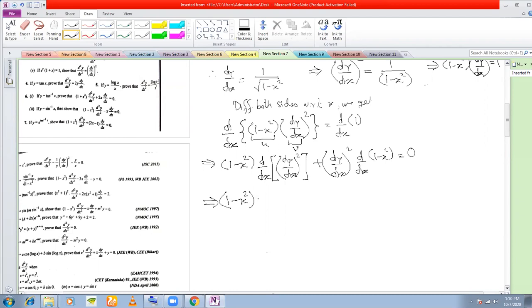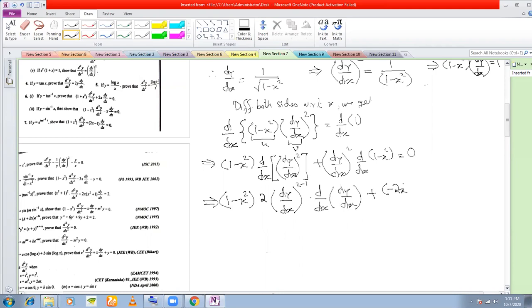So 1 minus x square. Again, d/dx of (dy/dx) is, first I will differentiate the power. So I get 2 dy/dx to the power of 2 minus 1, nx to the power of n minus 1, into the differentiation of the base, into the d/dx of dy/dx, plus d/dx of 1 minus x square is how much?